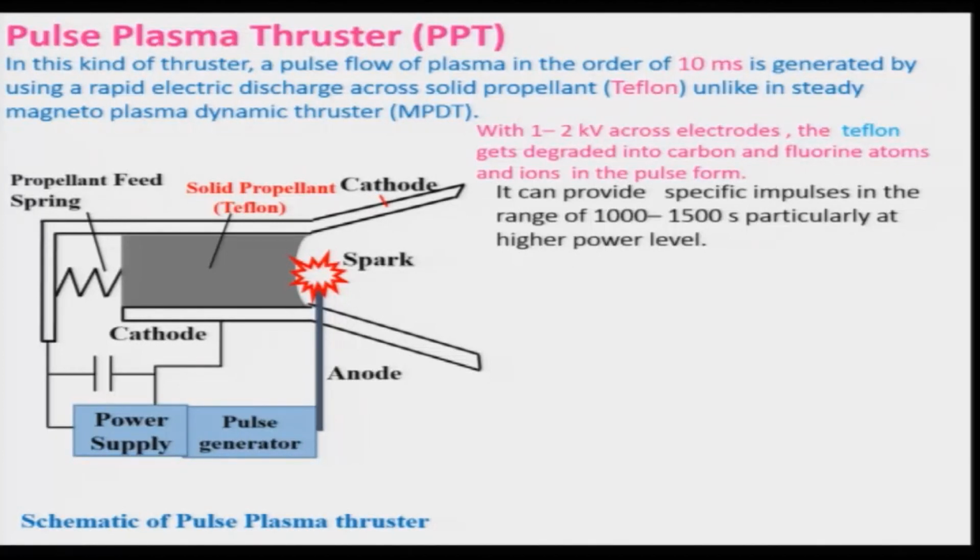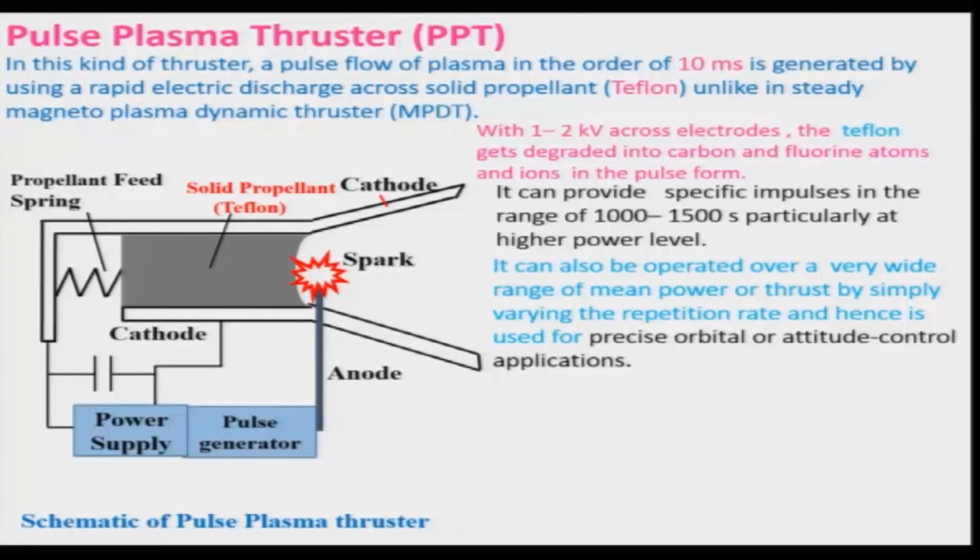Of course, the specific impulse is a little low, particularly at higher power level, and it can be operated over a wide range of mean power or thrust by simply varying the repetition rate of the pulse, and hence is used for precise orbital or attitude control applications.